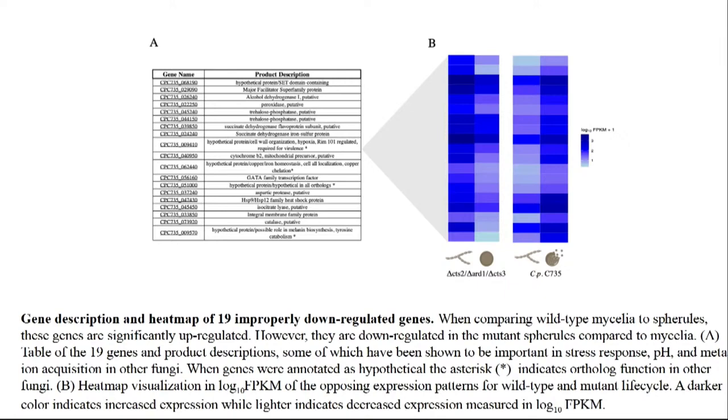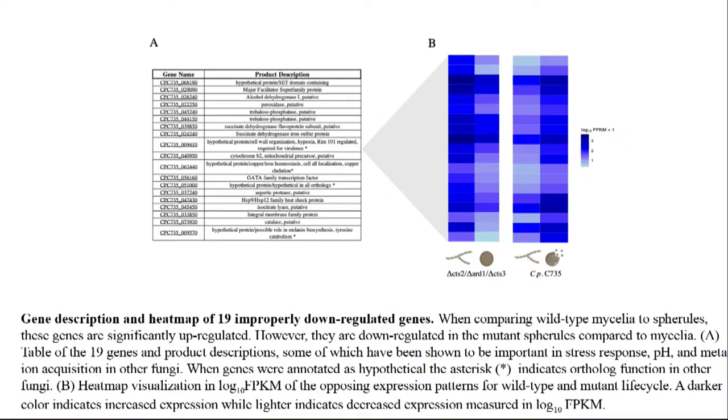The first column would be the expression profile for mycelia. The next one would be the expression profile for the spherule, so that's the immature spherule that is not properly forming. And then again, mycelia and the rupturing spherule, so the proper regulation.